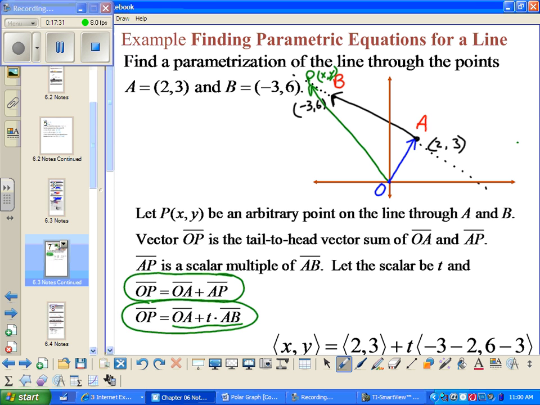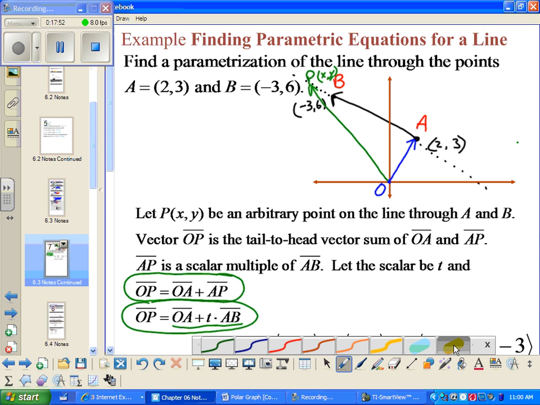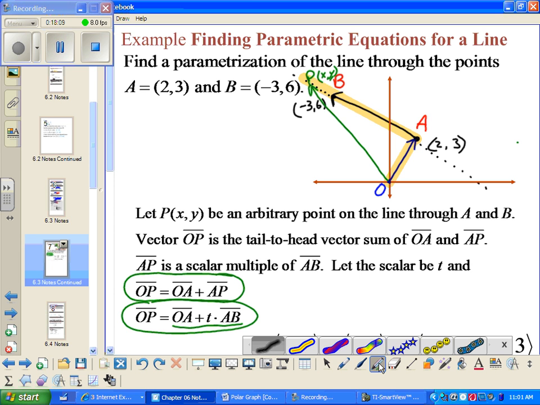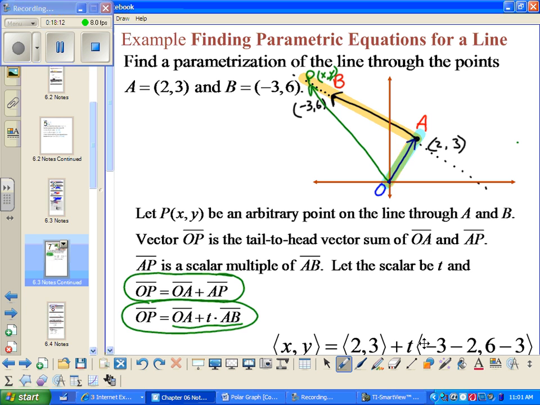Well, what all that means to us is we can treat this like vector addition, because what this is saying is, using some highlighters here to give you a visual, we know that vector OA plus vector AP, which we don't know quite where that is, is the same as OA plus AB times some scalar t.